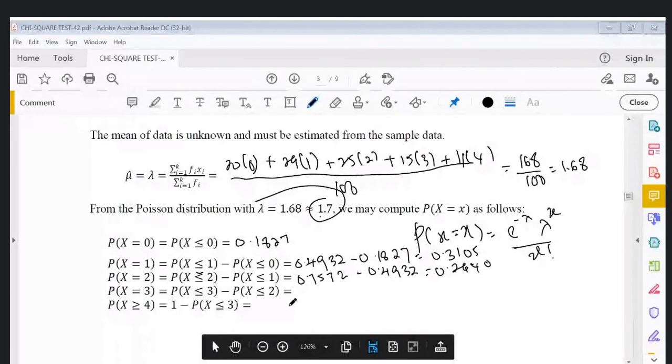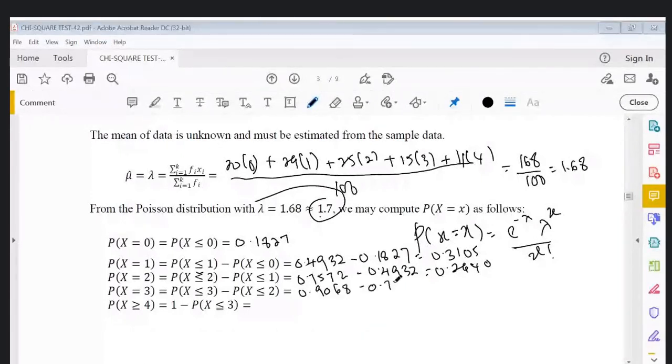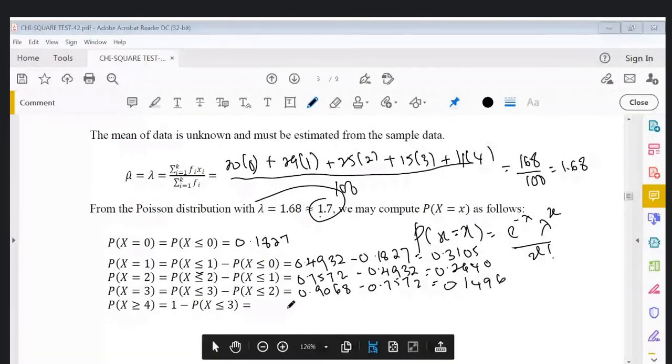What is the answer for this one? The next is 0.1496. Okay, the last one is 1 minus P(X less than or equal to 3), which is 1 minus 0.9068. What is the value for the last one?